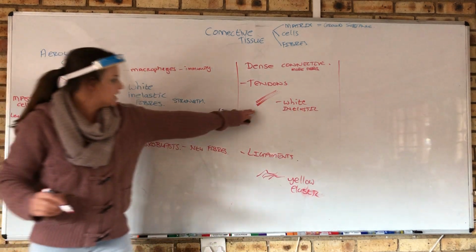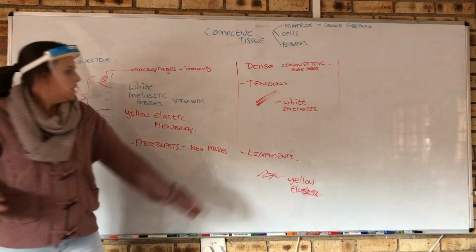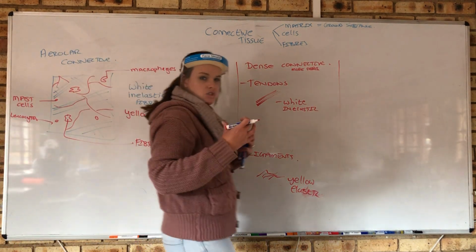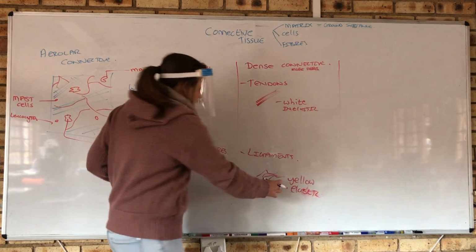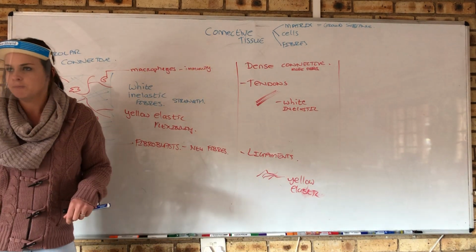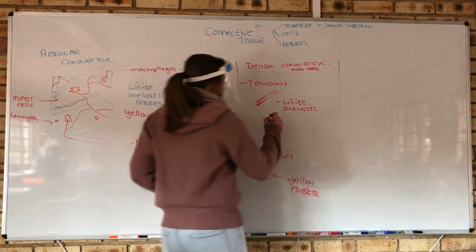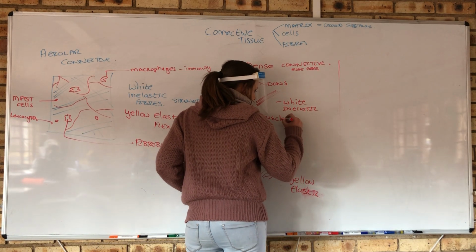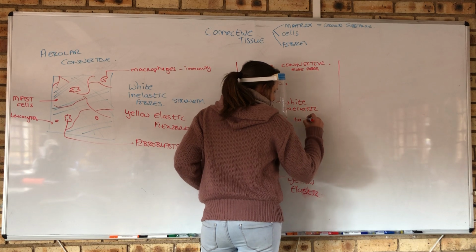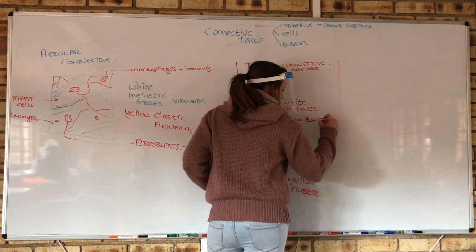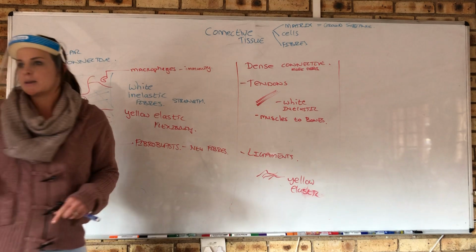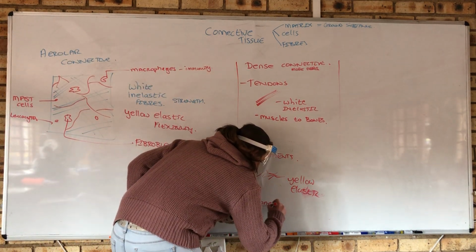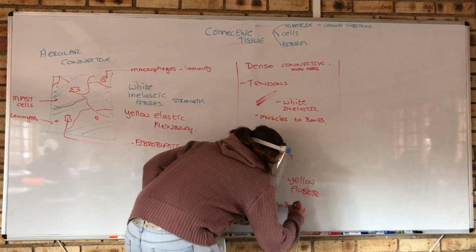Okay, so we have tendons and ligaments: white connective tissue, which is very strong, and yellow elastic connective tissue. All right, what do tendons do again, grade 10s? They connect muscles to bone. What do ligaments do? Connect bone to bone.